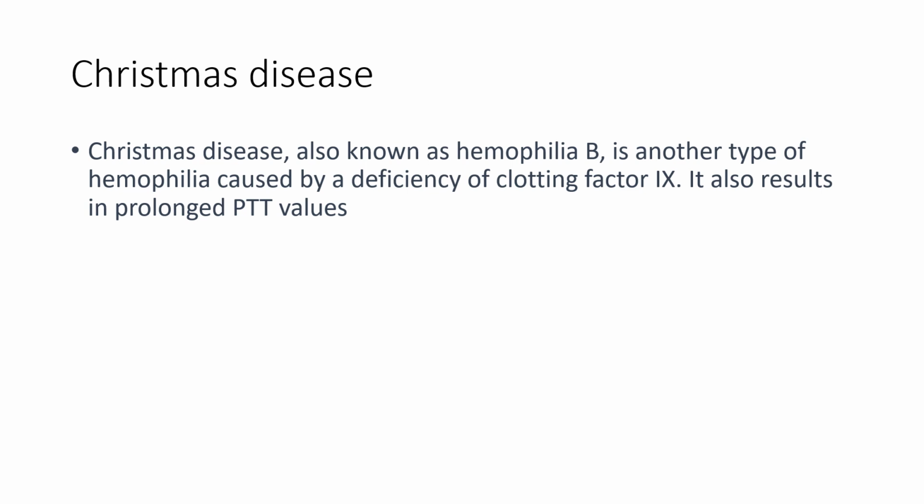And remember, guys, hemophilia A is more common than hemophilia B, and is characterized by a deficiency of factor 8 rather than factor 9. It means that in hemophilia A there is a deficiency of factor 8, and in hemophilia B there is a deficiency of factor 9.